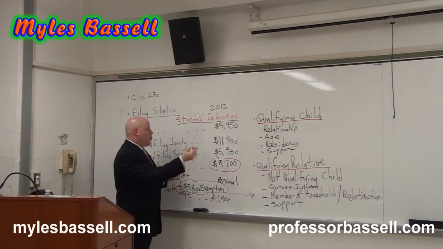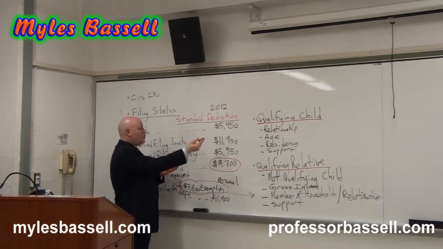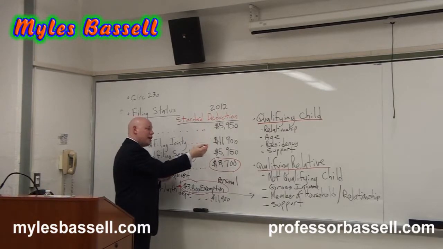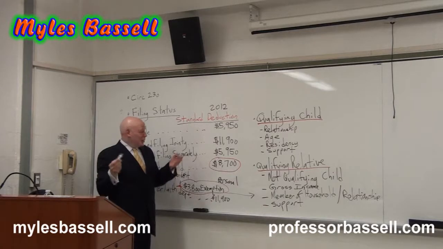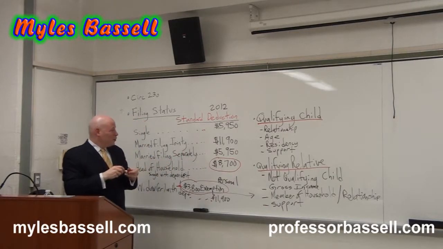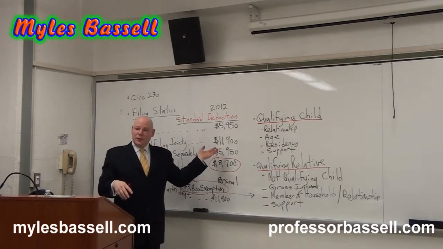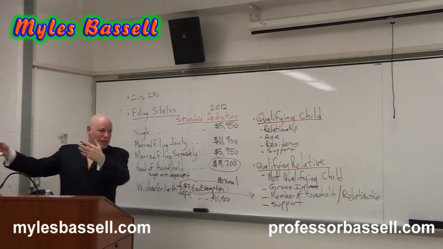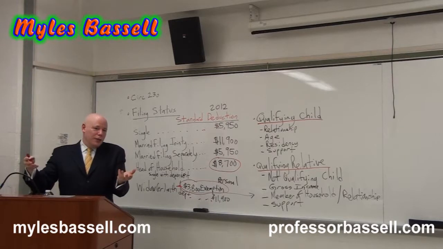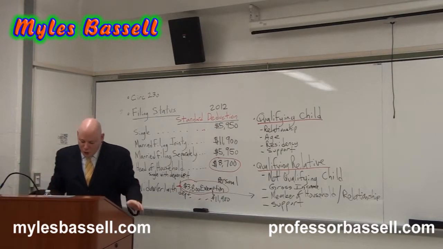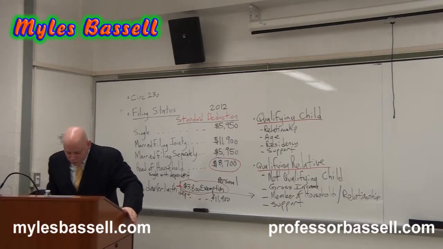Because if you're single, this is your standard deduction. If you're married, they say, well, even though they passed, we'll let you still take a standard deduction. So like Muhammad is saying, it provides some tax relief. It's going to reduce the amount of tax that's owed.